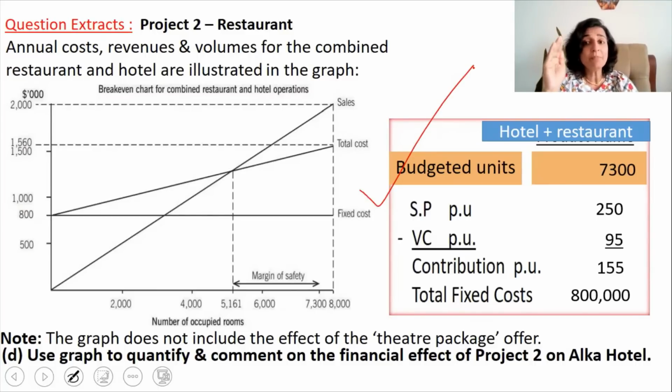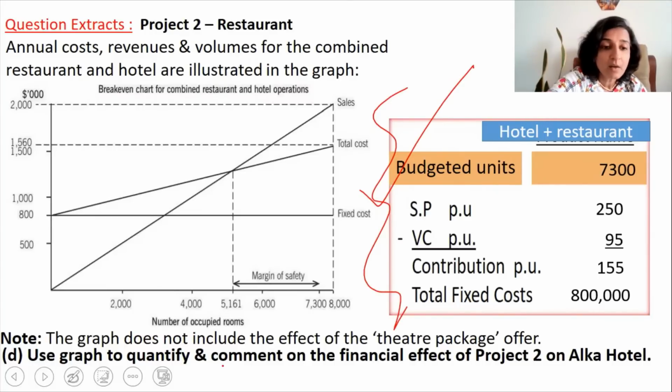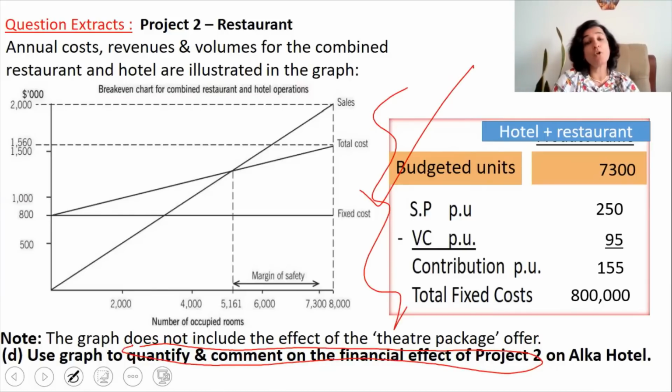Now we had already prepared the same format for the hotel only in part A. So what have they asked? Quantify and comment the financial effect of project 2, which means that we have to compare the existing hotel's profit with the hotel plus the restaurant's profit. So we will make a comparison between the two.